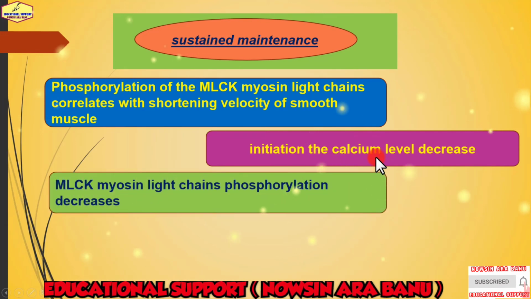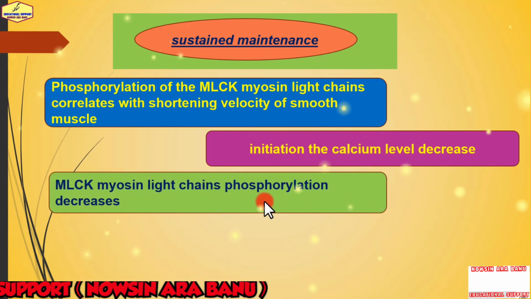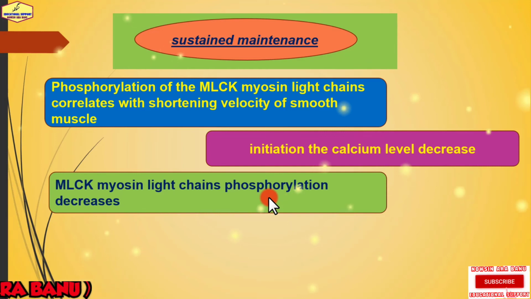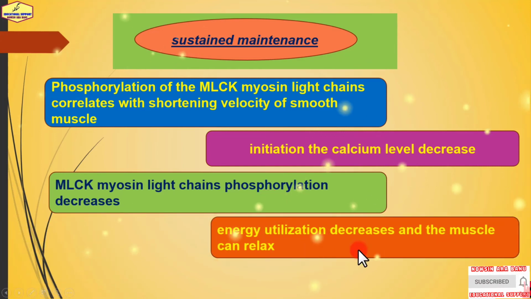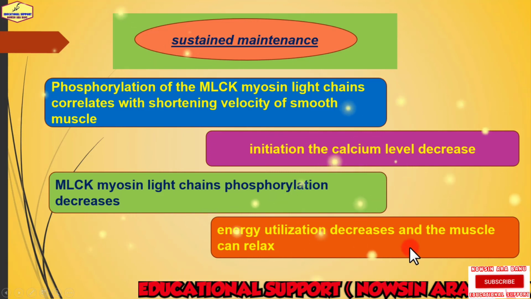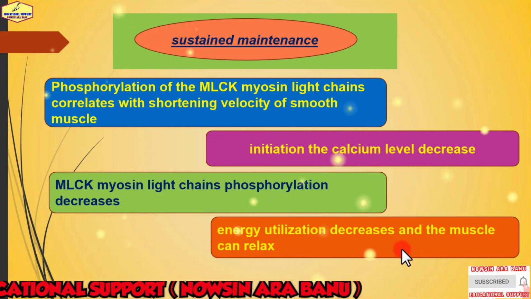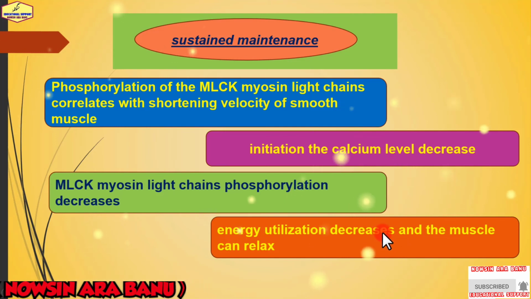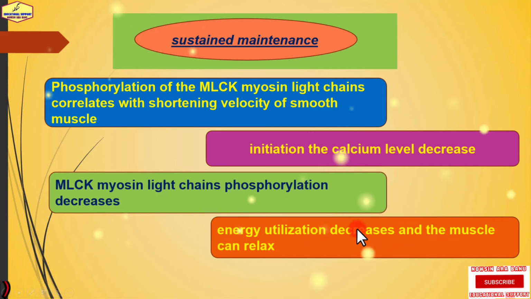MLCK myosin light chain phosphorylation decreases, energy utilization decreases, and the muscle can relax. Still, smooth muscle has the ability of sustained maintenance of force in this situation as well.